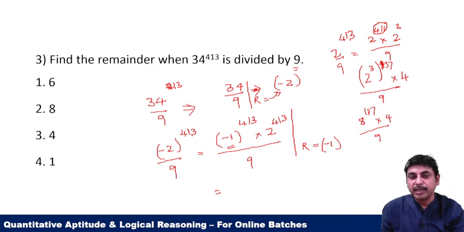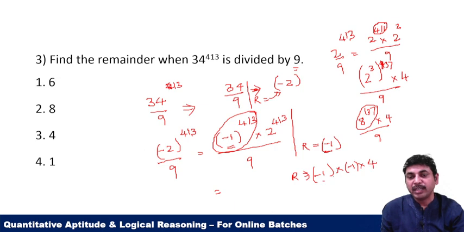When we divide 8 by 9, you will again get the remainder as minus 1. So finally you are getting the remainder minus 1 for minus 1 raised to 413, then a second minus 1 for 8 raised to 137, and 4 divided by 9, the remainder will be 4. So minus 1 into minus 1 is plus 1, into 4 is 4. So your answer is 4.